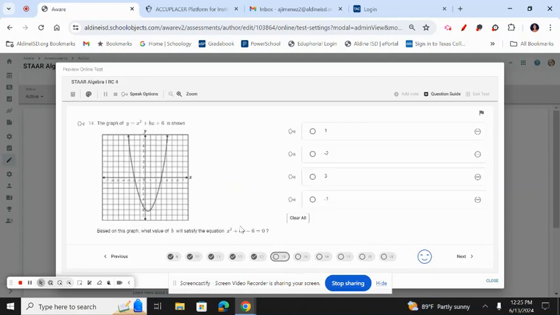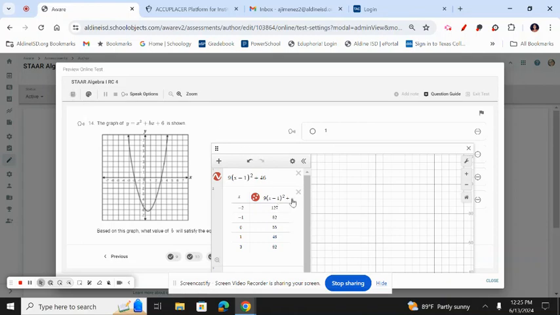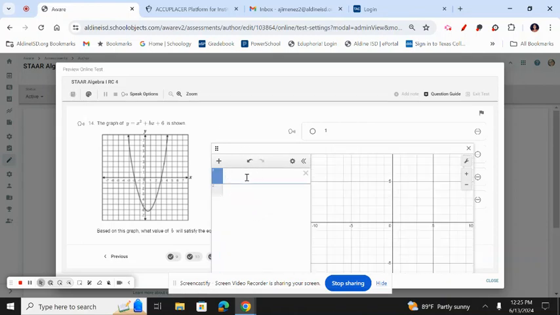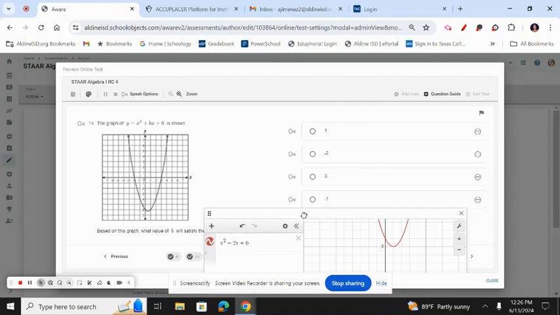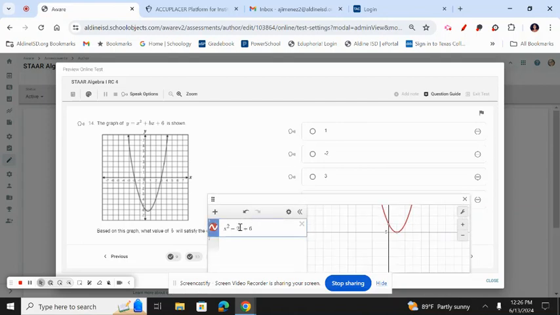It wants to know what would be the value of b that would satisfy this equation. So we're just going to try these out and see which one's going to be the closest. We're going to hit the home button so we can see this better. X squared, the first one says to do 1, so plus x plus 6. Nope, that doesn't look like it. Next answer choice is -2, so let's put -2. Doesn't look like it either. Next answer choice is a 3, so a +3.